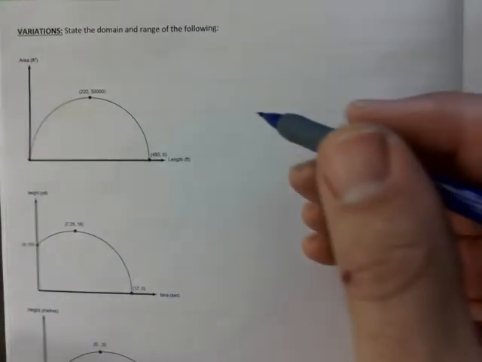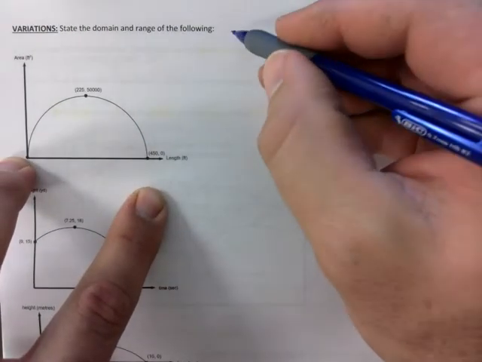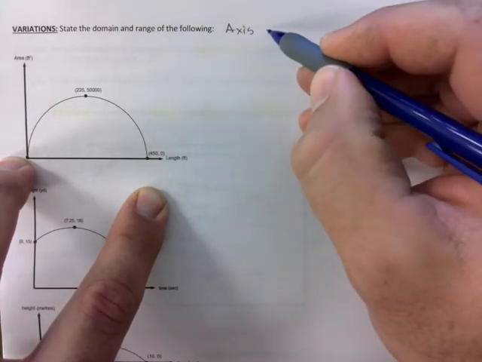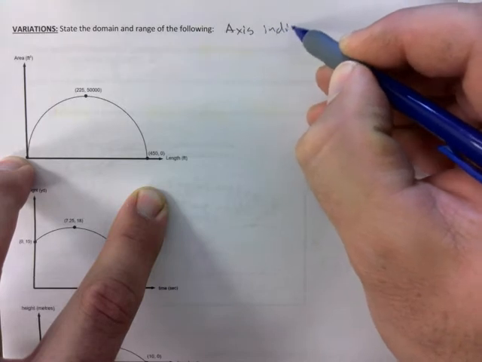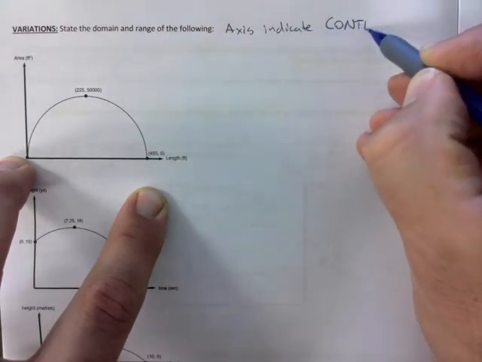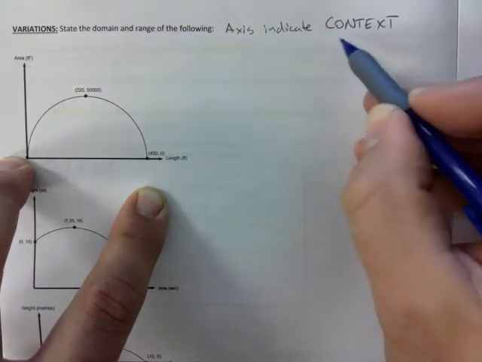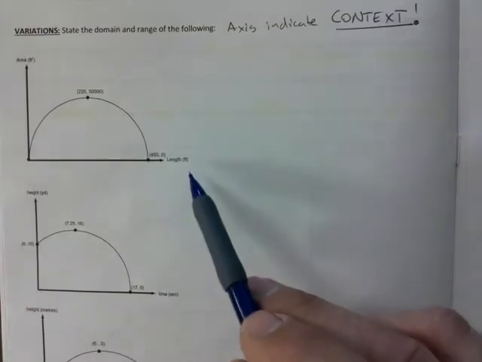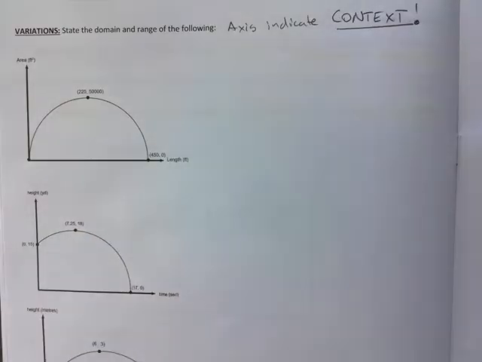You got to think of, watch this, axes indicate context. Okay? You should, I was like, oh, this is not just x and y, this is length and area. We have time and height, right? We've got time and height in meters, right? Height and feet. We've got different scenarios here.